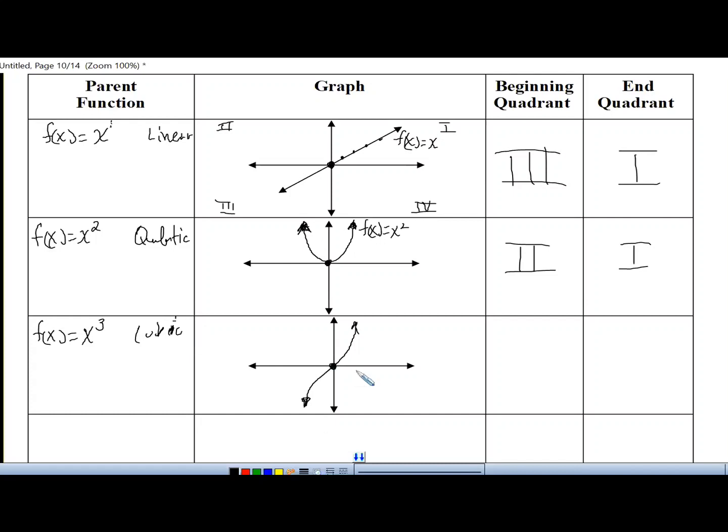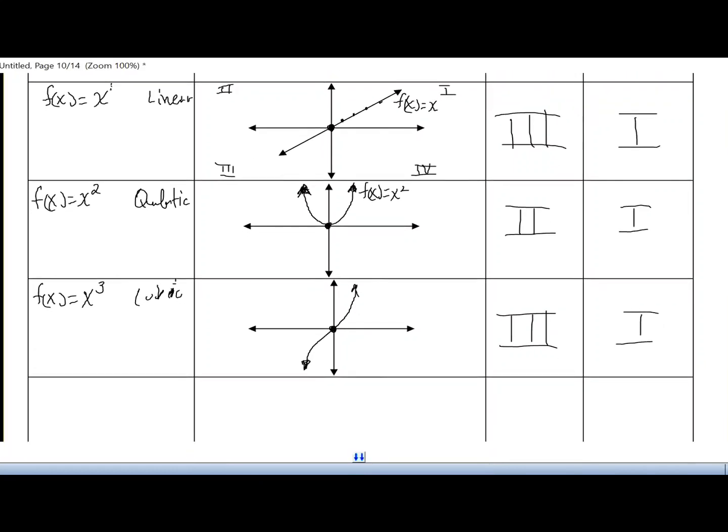Okay. All right, and once again, where does it start and where does it end? What do you think, Jaziel? If we read it from left to right, where does it start, and where does it end? It starts at 3 and ends at 1. Let's go, Jaziel. Yes.